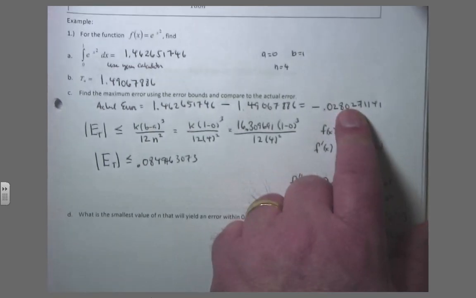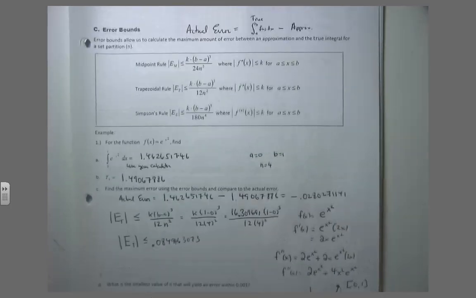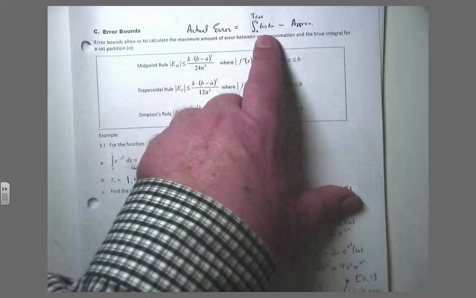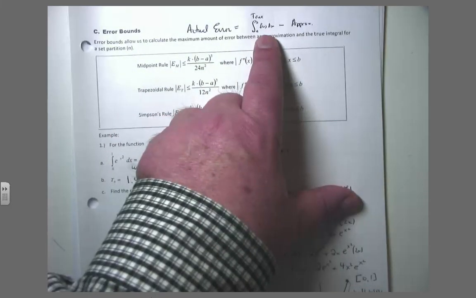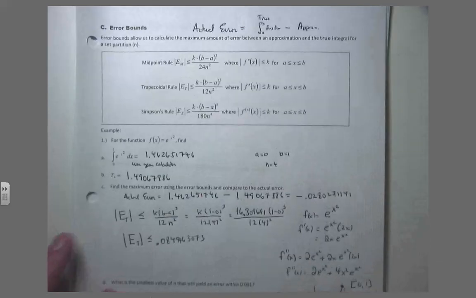Now you go, well, geez, that's more accurate here. Yeah, but here's the deal. Let me explain why this is important. To actually find the actual error, you have to know what the integral is. But to use the error bound formulas, it does this weird K times B minus A cubed over 12 n squared, or 24 n squared if it's the midpoint rule, and it's K times B minus A to the fifth over 180 n to the fourth when it's Simpson's Rule.